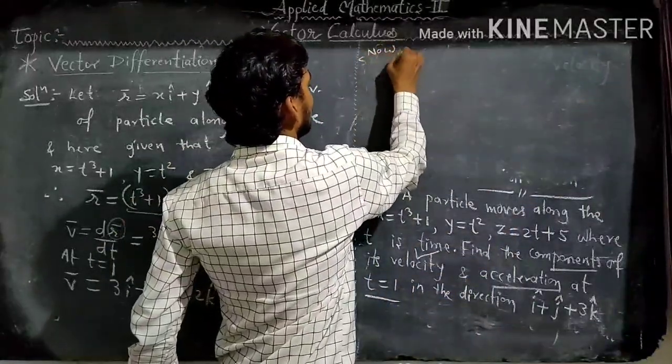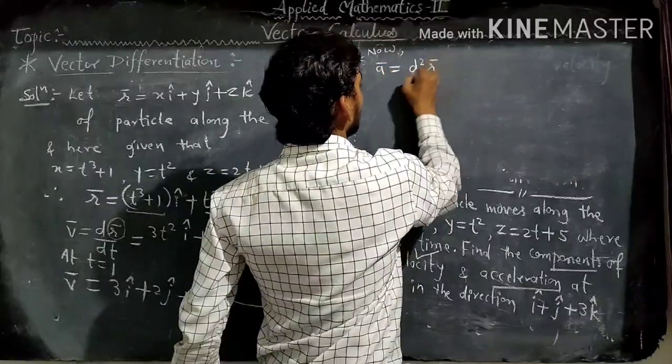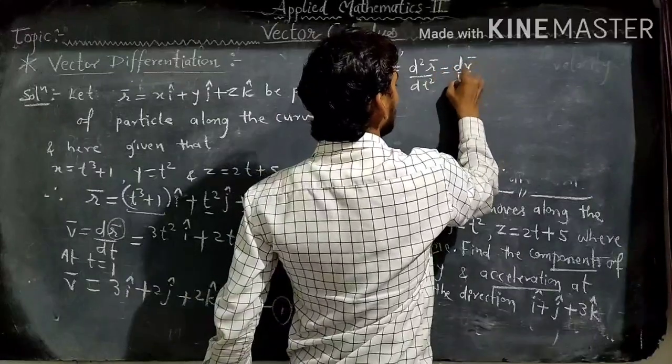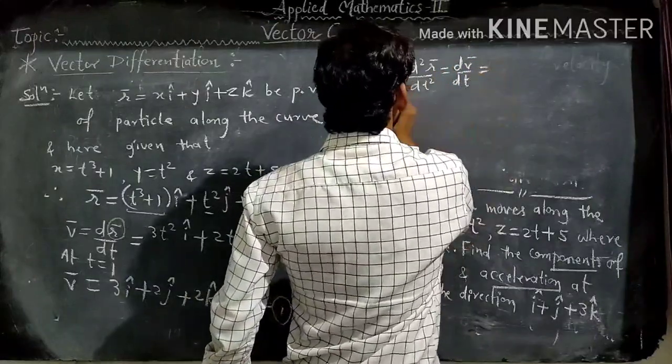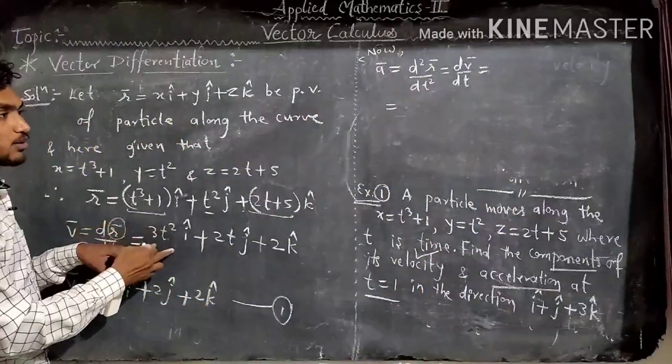Now acceleration vector is d2r by dt square, or it is equal to dv by dt. So differentiate the velocity vector with respect to time t.